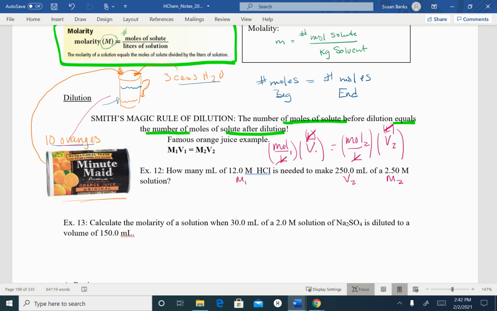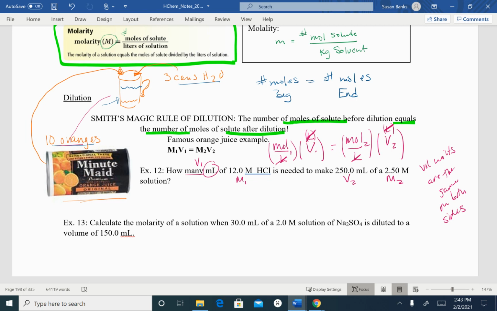So what I'm trying to find then is how many mils. So I'm trying to find V1. That is my thing that I'm trying to find. So I'm going to set this up. Now, you'll notice that if I do the units on this, as long as the volume units are the same on both sides, I can just use whatever volume units I want, because they're really going to cancel.